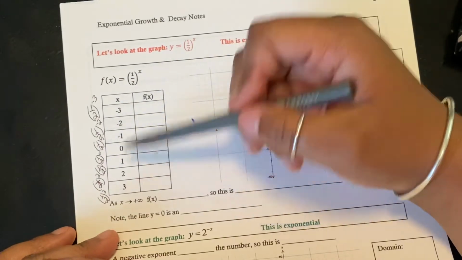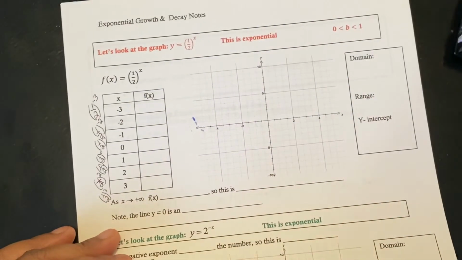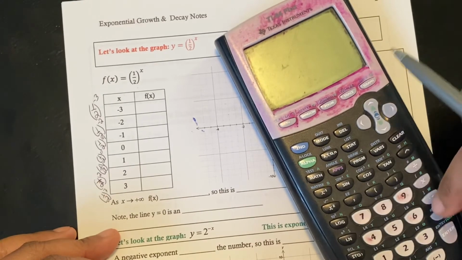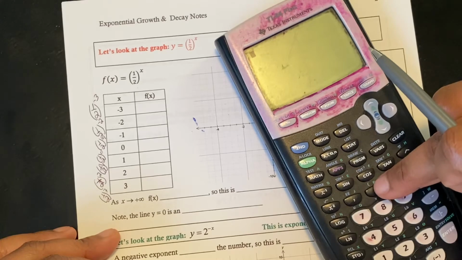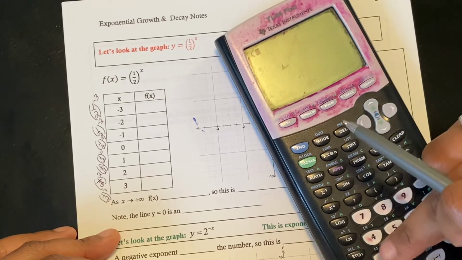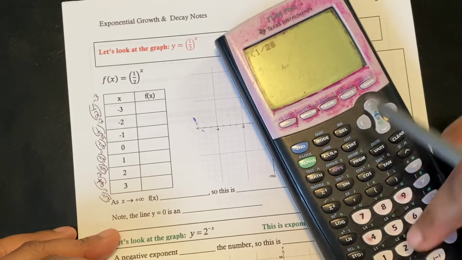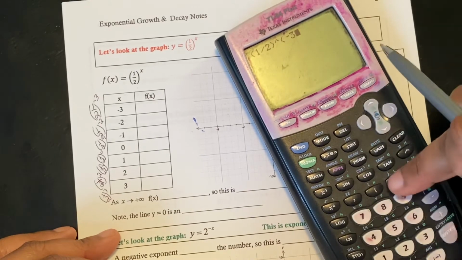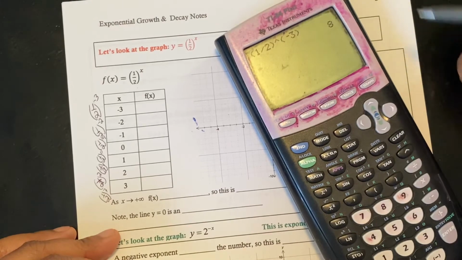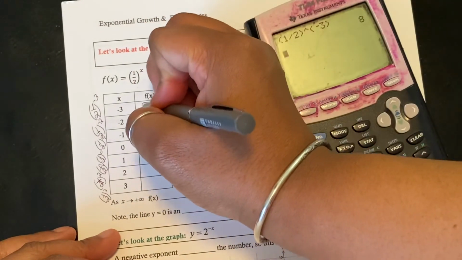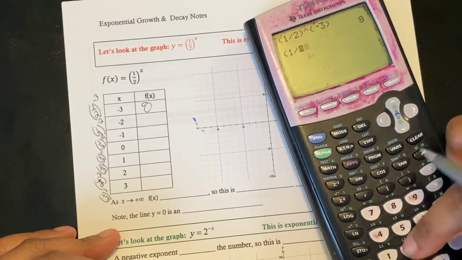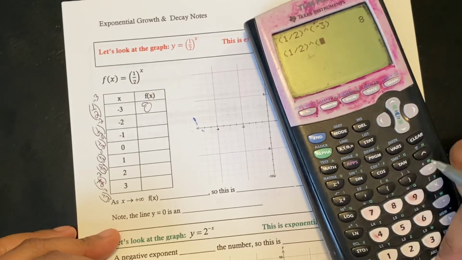Now, when you put that in your calculator, all negative numbers and all fractions must be in parentheses. 1/2 raised to the power of -3 is 8. 1/2 raised to the power of -2 is 4.